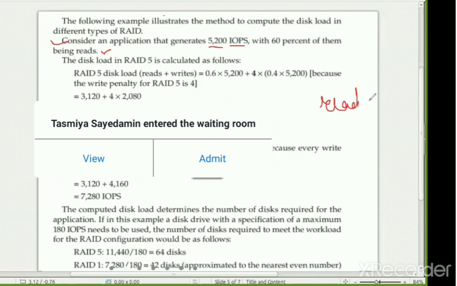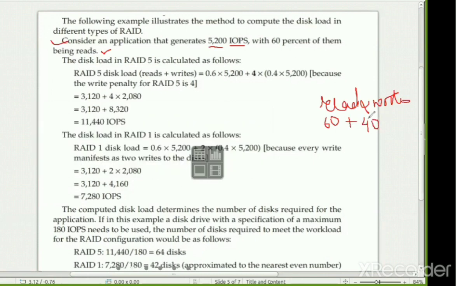When he says that out of these 5200, 60% are read operations, then the remaining write operations are 40%. Any doubts in this? 60% is read, out of 5200, so the remaining 40% are the write operations.